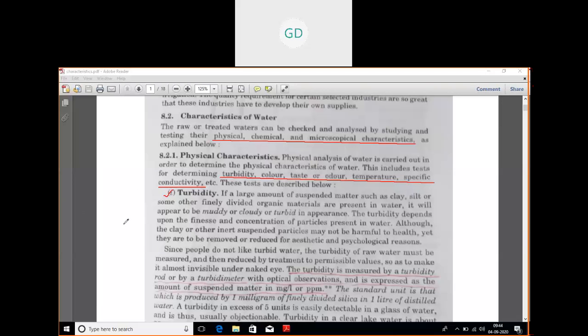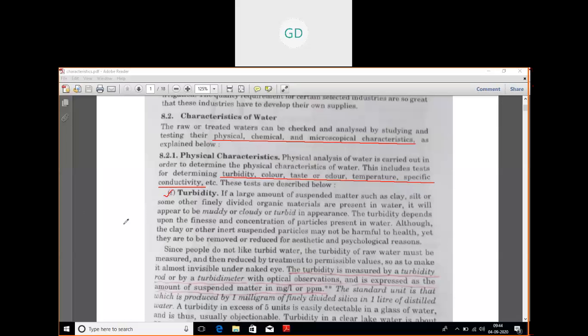Suppose you are taking distilled water and you put some sand into it and stir it.